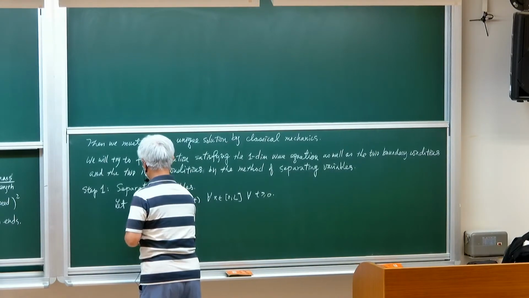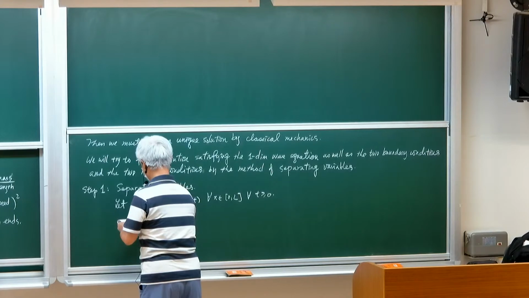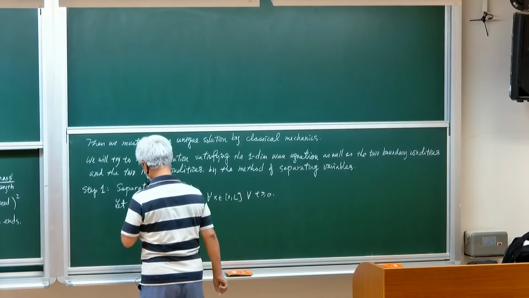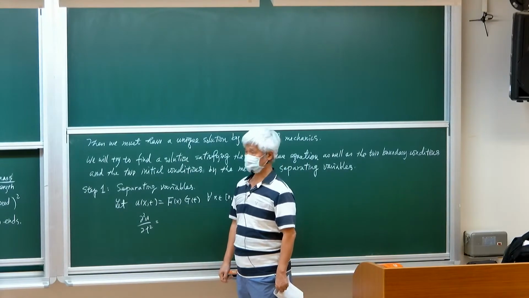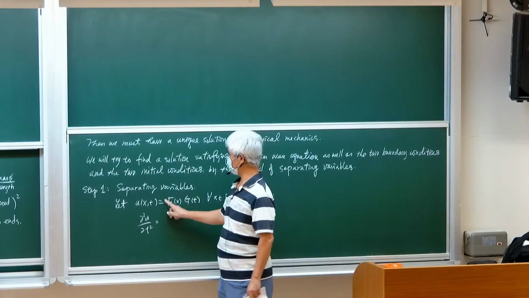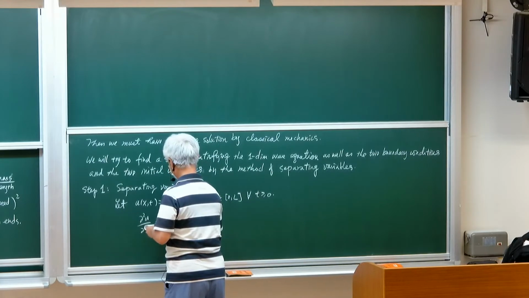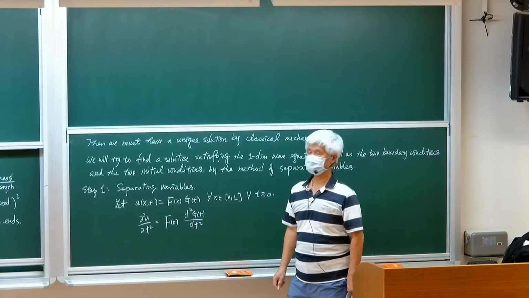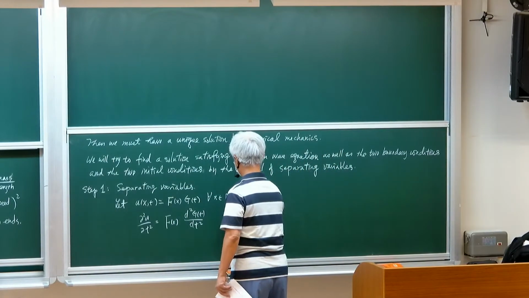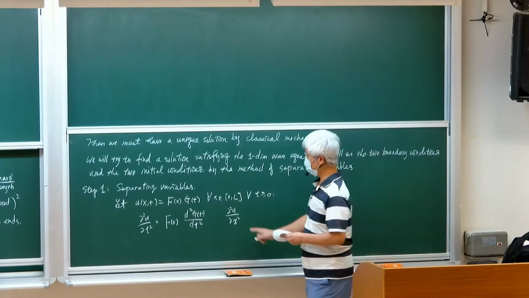So when we take the partial derivative of u with respect to t, there is no effect on the f function. So you can see this will be f of x times the second derivative of g. And how about the second partial derivative of u with respect to x?